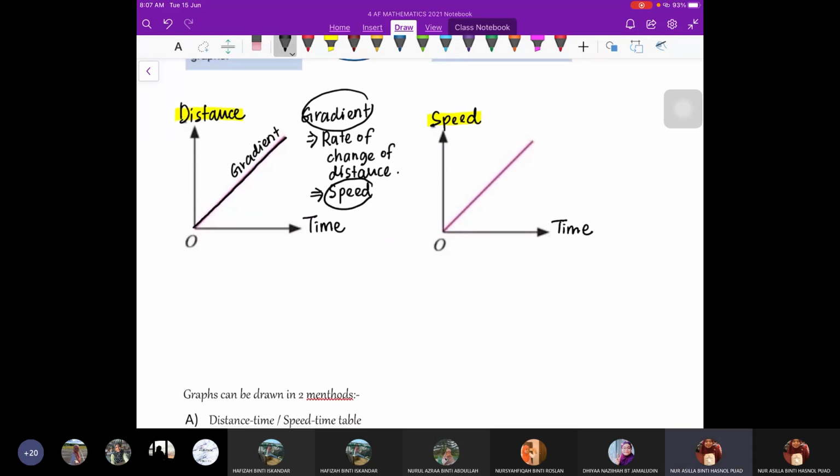Okay, so kita tengok formula gradient. Okay, kita dah belajar gradient is y2 minus y1 over x2 minus x1. Okay, so kalau kamu tengok contoh, if I have y1, y2, x1, x2, y2 minus y1 is actually atas ni adalah distance.